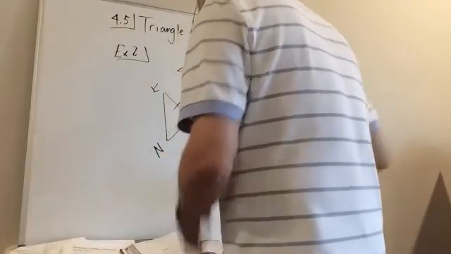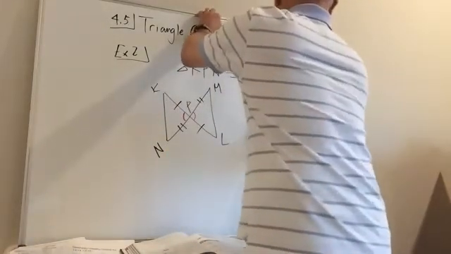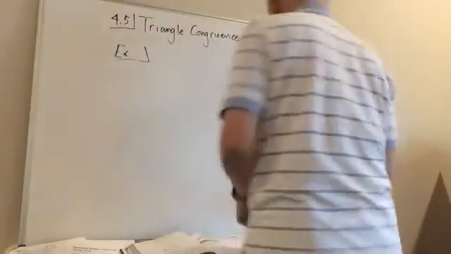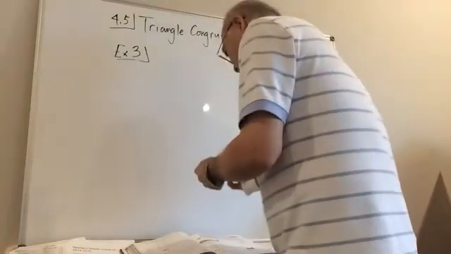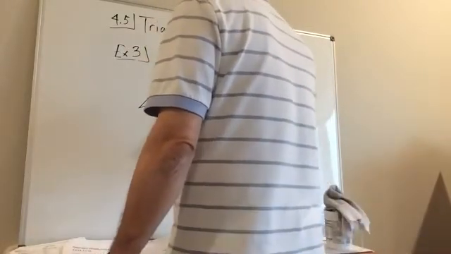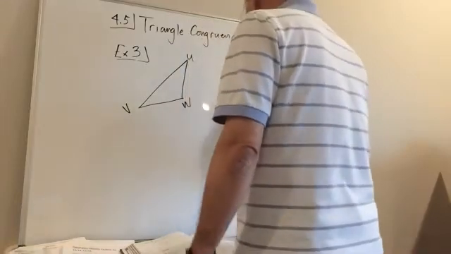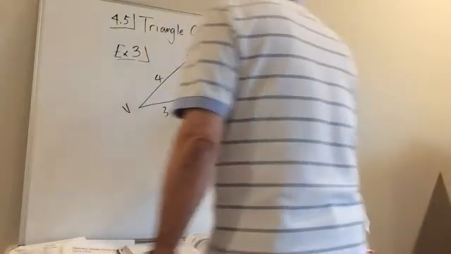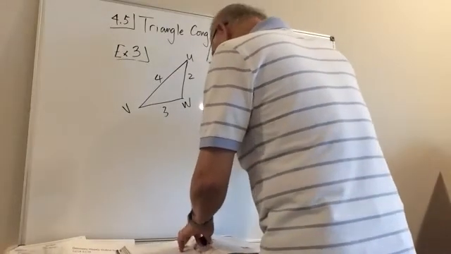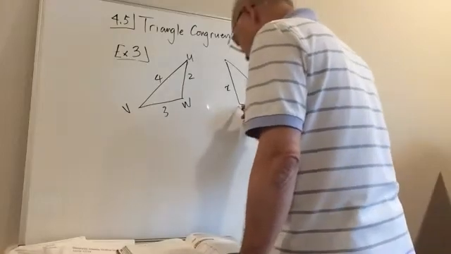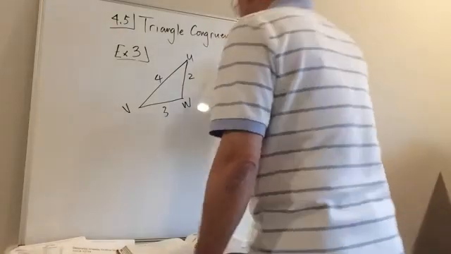All right, let's go to example number 3. We have to show that the triangles are congruent, and we are given UVW, and we have 2, 3, 4, and x, 3x minus 5, x minus 1, z, y, x.